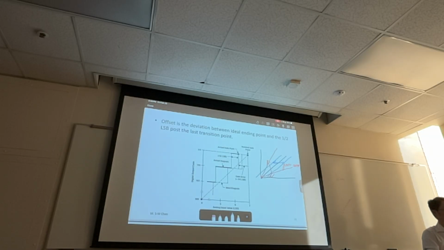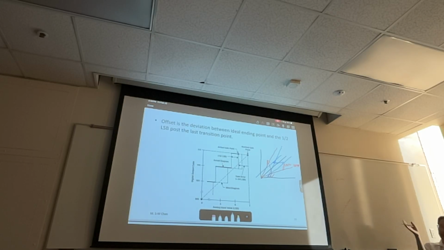And of course it can be a combination of the two. It won't be that my ADC has only gain error but no offset error. There's no such thing. In real life you shift to here, and maybe the slope will be like this. Of course I'm exaggerating, but you got the point. There's going to be some offset shift and slope deviation, and that basically defines your overall ADC transfer function.